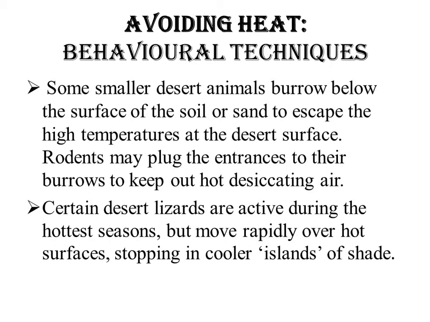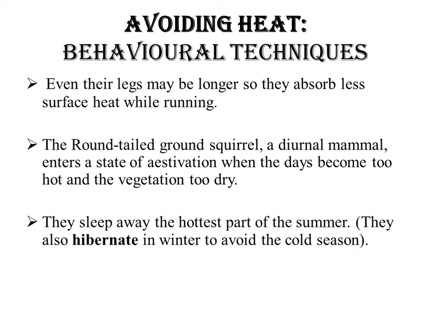These animals show behavioral techniques in their movement in the desert environment. Even their legs may be longer, so they absorb less heat from the surface while running. The long-tailed ground squirrel, a diurnal mammal, enters a state of estivation when the days become too hot and the vegetation too dry. They sleep away the hottest part of the summer, that is nothing but estivation.